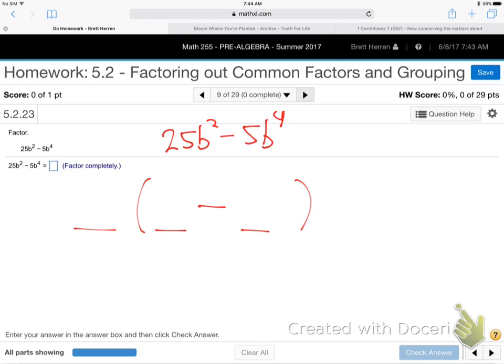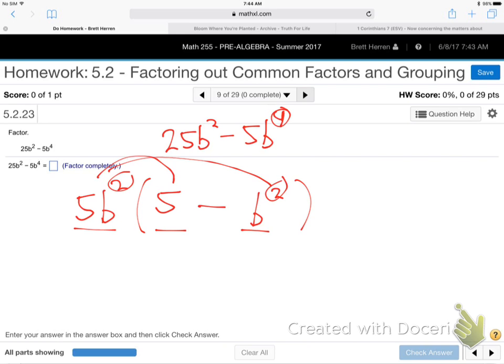So what goes in 25 and 5? 5 does. And then what power do I put out front? B squared, the lower power. All right, 5b squared times just 5, huh? No b at all there. And then 5b squared times b squared there, because you want the 2 and the 2 to add to make 4, huh? Good.